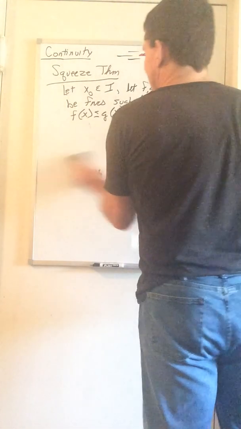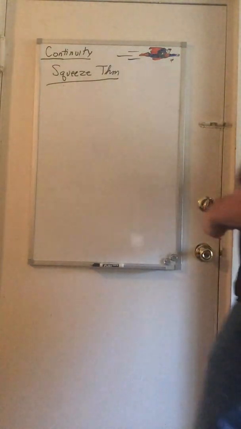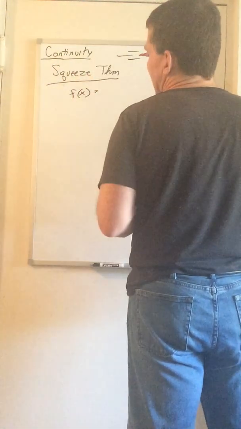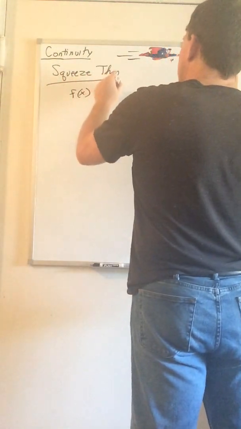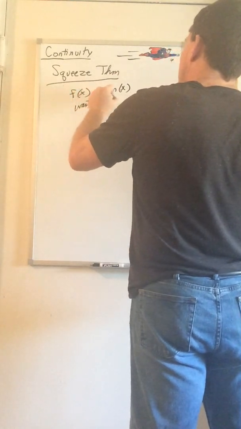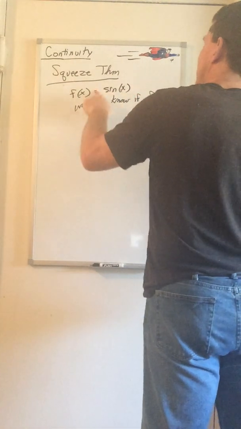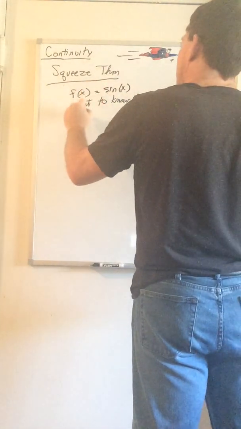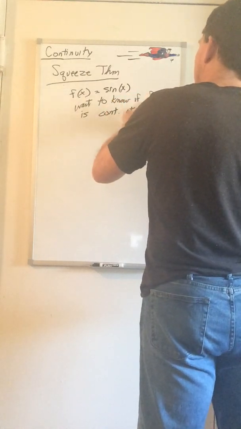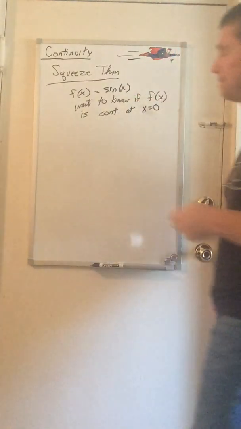But again, just thinking about it graphically, the idea is, if I have some function, say, I don't know, we'll go with sine x, I want to know if f of x is continuous at x equals 0.